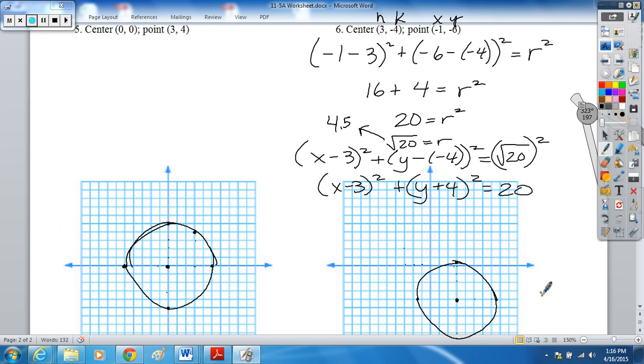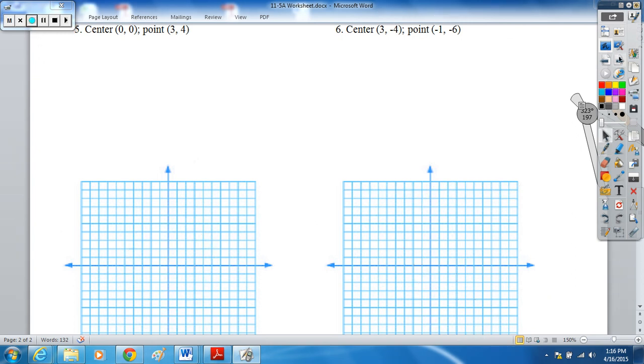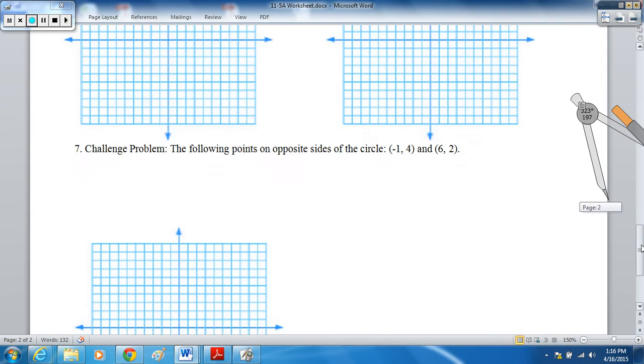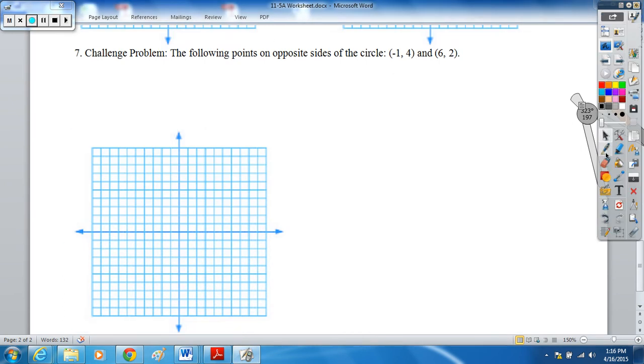Okay? Now, looking at the next part, we are given actually 2 points on opposite sides of the circle. Now, when I say opposite sides of the circle, the main thing that I want you to think through is that we have points on the opposite sides of the circle. Think diameter.